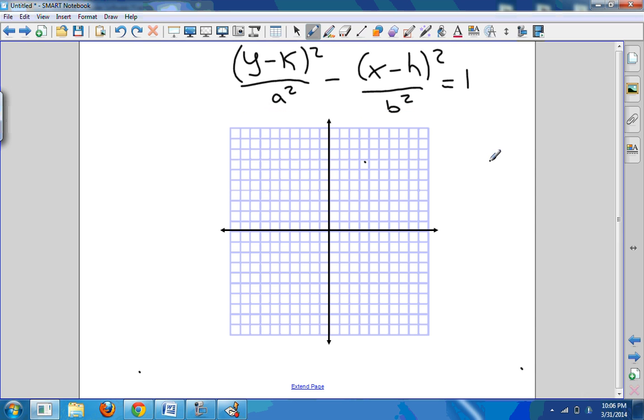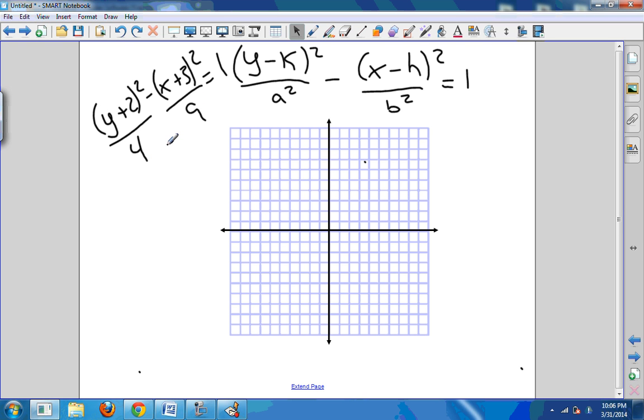So let's make one up here. (y plus 2) squared over 9 minus (x plus 3) squared over 4 equals 1. So it should be a smaller looking box. So first we need the center. The center is going to be at (negative 3, negative 2).